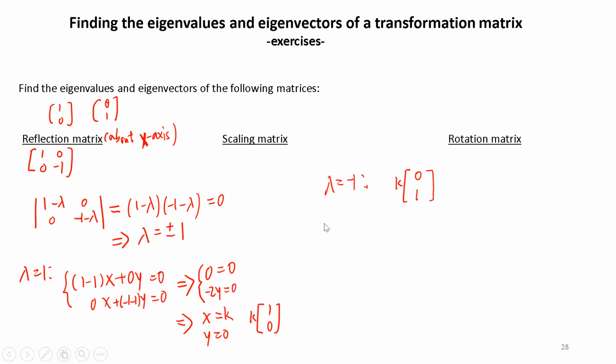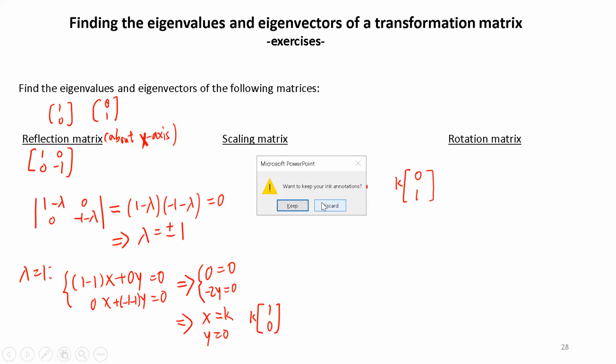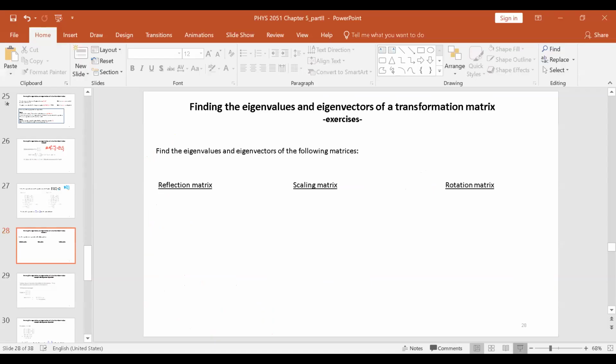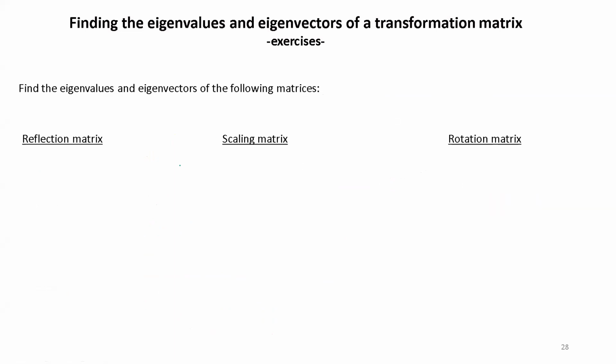So now the second case, the scaling matrix. If I consider the second case, the scaling matrix, so I have this kind of matrix. And I want to find, again, the eigenvalue and eigenvector of it.